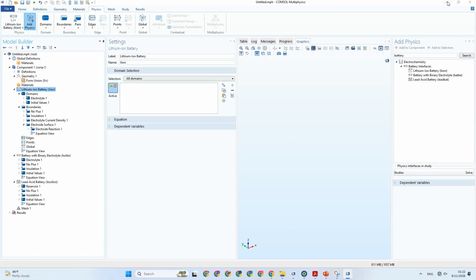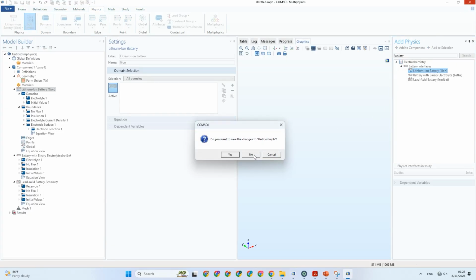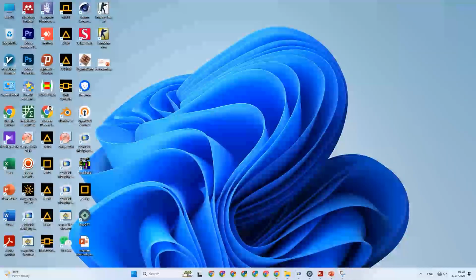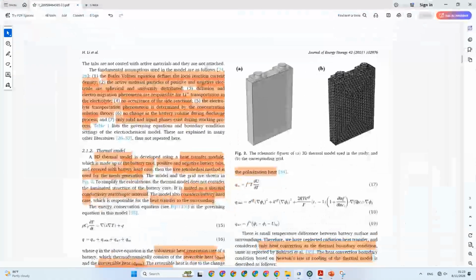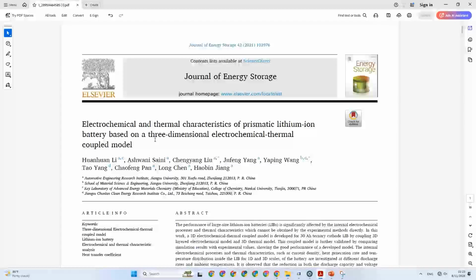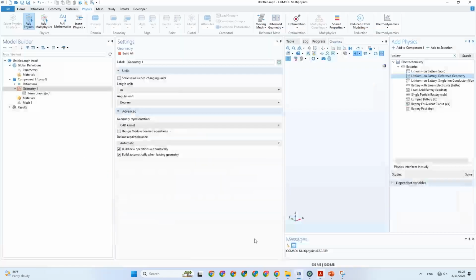Let me continue with COMSOL 6.2, and we choose LIION, because this is a lithium-ion battery, and we just simulate a lithium-ion battery. I think it will help us. Maybe. Let me continue.